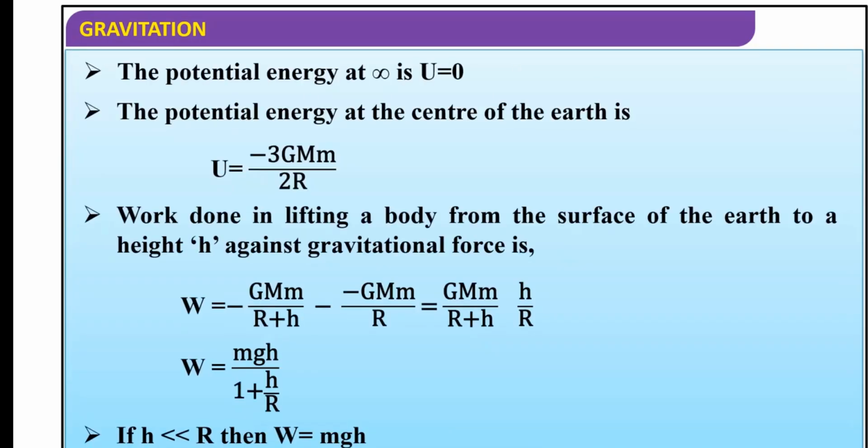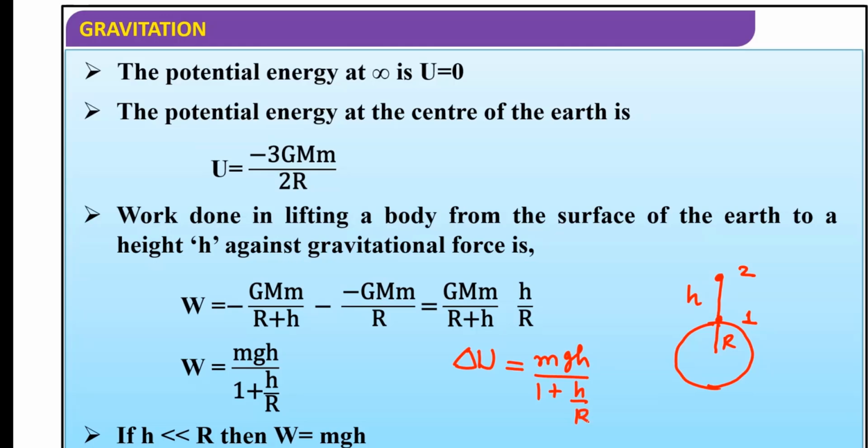Now the next thing is, whenever an object is taken to a certain height from the surface of Earth, let's say an object is on the surface of Earth somewhere here at one point. When it is lifted to a certain height h, let's say this is point 2, its potential energy will change, and the change in potential energy we write as mgh upon 1 plus h by r.